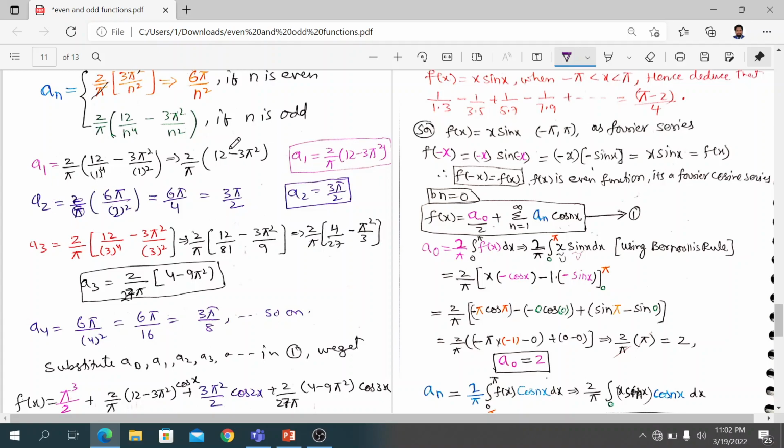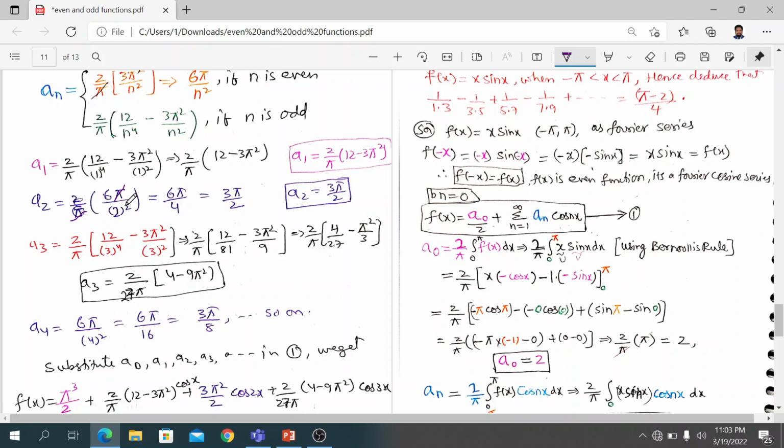Now a2, 2 means even, so here 2 by pi times 6 pi by n square, 2 square. So this 2 by pi and this 6 pi by 2 square, 4. Okay, and here the pi cancels. 2 times 6 by 2 square 4.